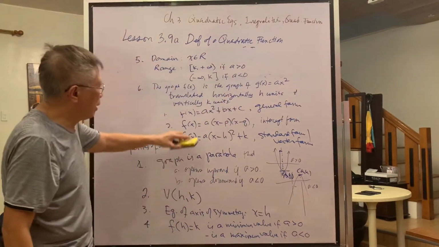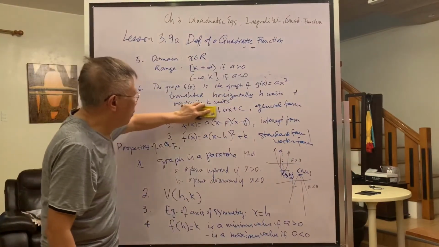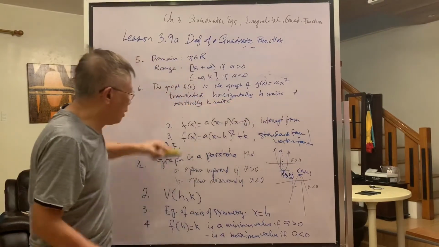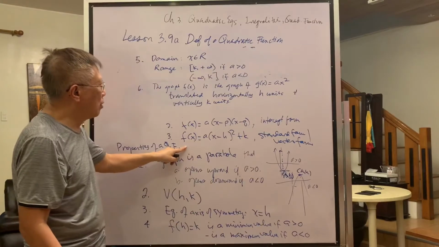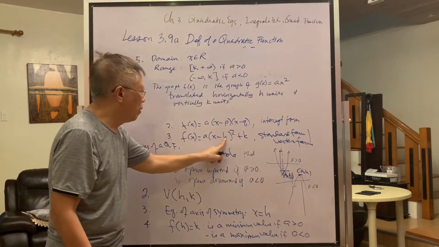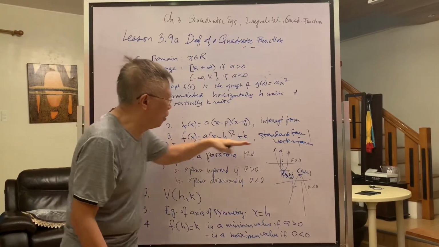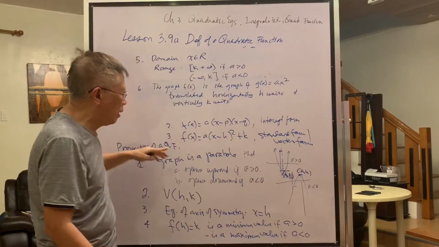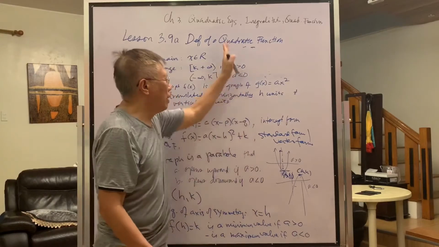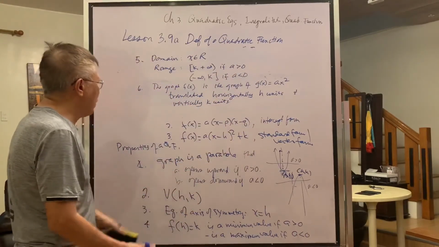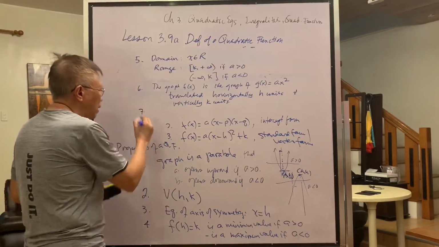So we can glean that from this form of the quadratic function. We can move by h units along the horizontal line and k units vertically. Okay? Now, the next one.